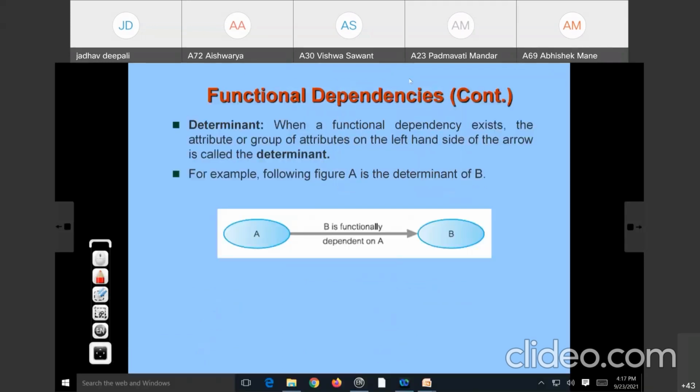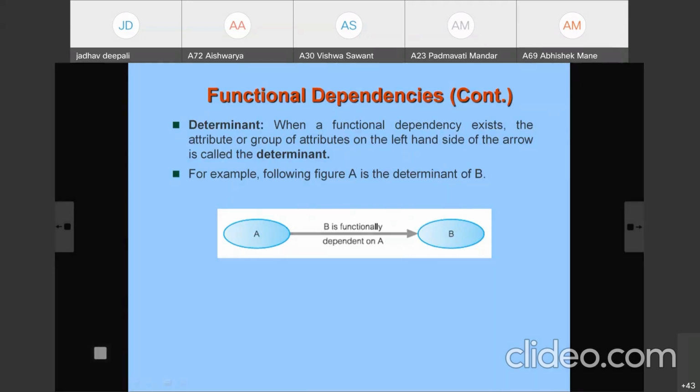Now, what is meant by determinant? When a functional dependency exists between alpha and beta, the attribute or group of attributes on the left hand side of the arrow is called the determinant. Very simple definition. Whatever the attributes or set of attributes on the left hand side of the arrow, these are called determinant.